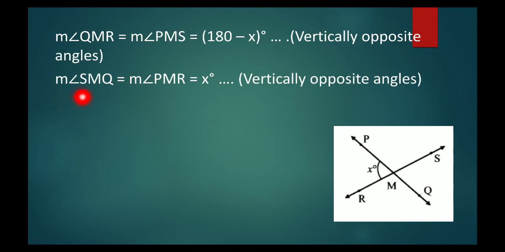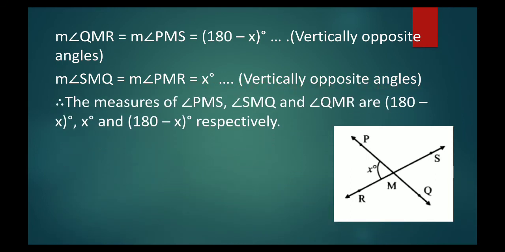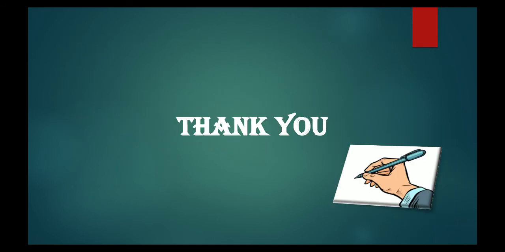Measure of angle SMQ is equal to measure of angle PMR, which is x degrees, vertically opposite angles. Therefore, the measures of angle PMS, angle SMQ and angle QMR are 180 minus x degrees, x degrees and 180 minus x degrees respectively.